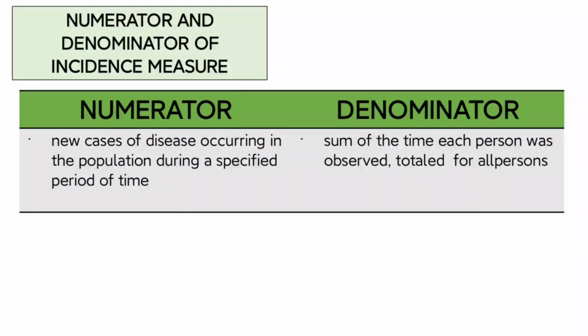So, yan. Numerator, denominator. So, new cases of disease occurring in the population during a specified period of time. In short, yung incident cases. Pag denominator naman, sum of time each person was observed totaled for all persons. So, yung sum ng kabuuan ng gaano mo sila katagal inobserve, kumbaga. Okay?